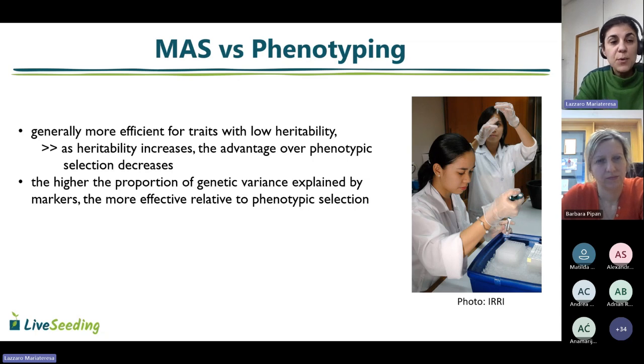An example in which marker-assisted selection has been implemented for a very long time and in a very successful way is, for example, the gene-for-gene type of resistance.